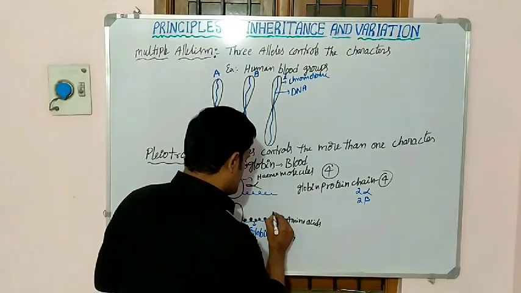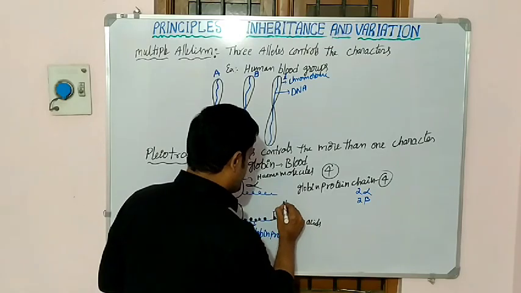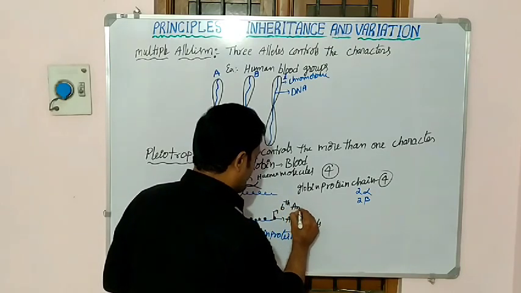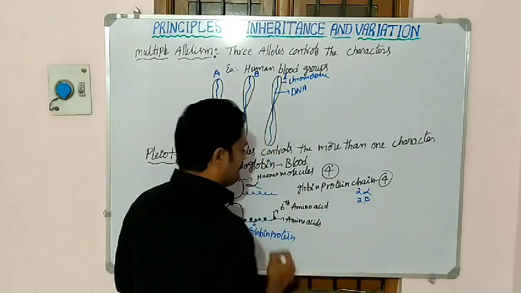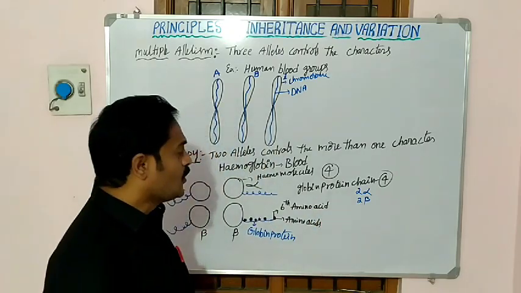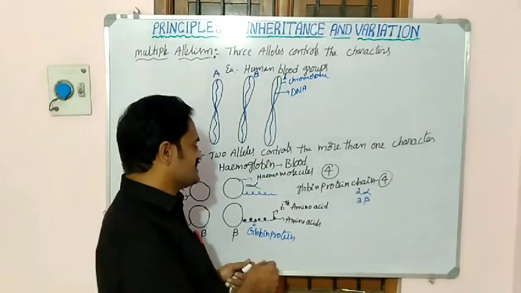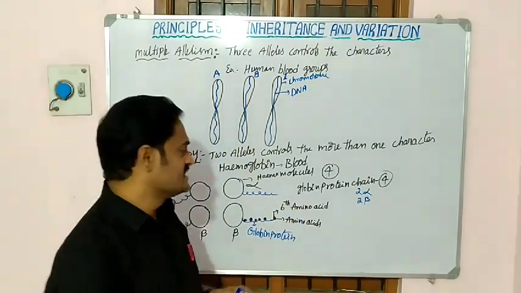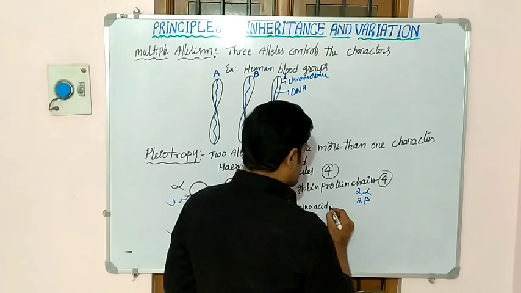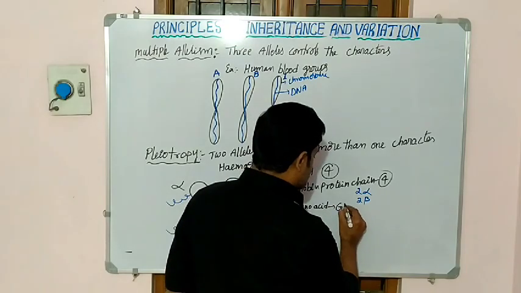So this is the 6th amino acid, and commonly, when there is no mutation in the genes, the 6th amino acid releases glutamic acid.